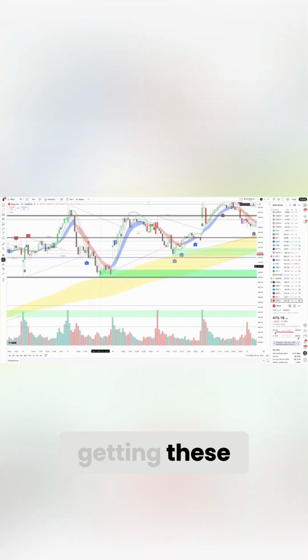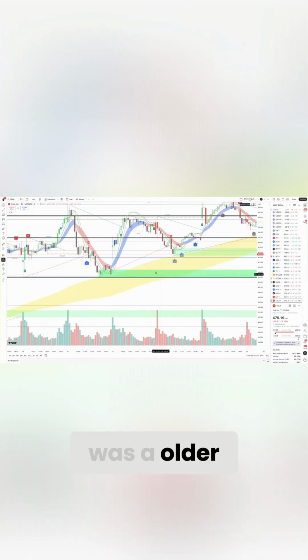When you're getting these inverse arcs or arcs at structural support or resistance, it makes them more powerful because you're getting in at a support level and there's evidence that they're moving money in the background to support this as a good area to buy, right? And also, when you come down to an order block that's already been established, these are also good areas to buy when you get inverse arcs and stuff like that.